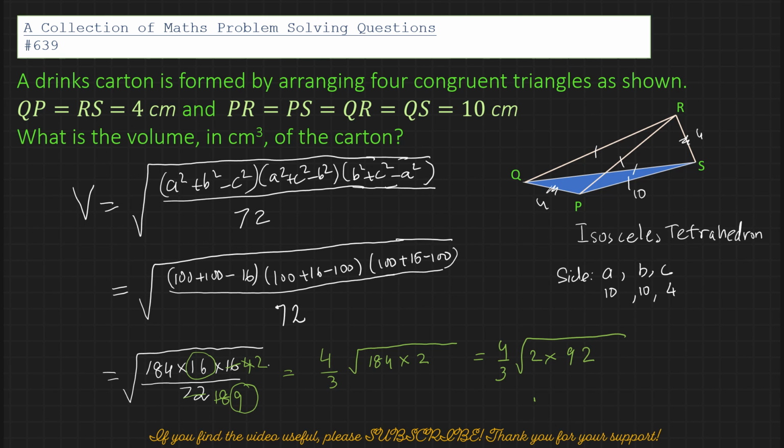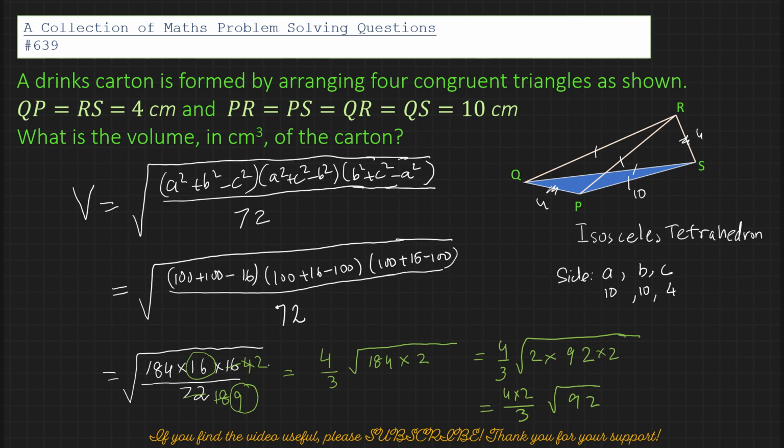There's a 2 here, so there'll be another 2. So then it would be 4 times 2 divided by 3, square root of 92. That is 8 over 3, square root of 92.